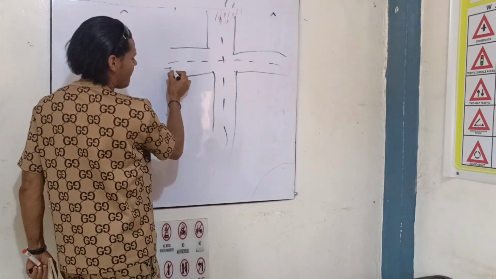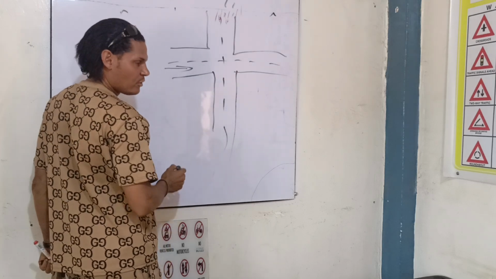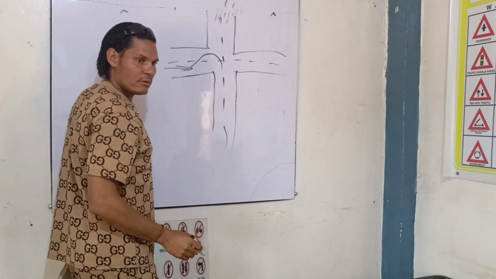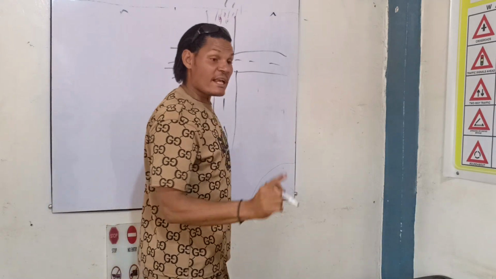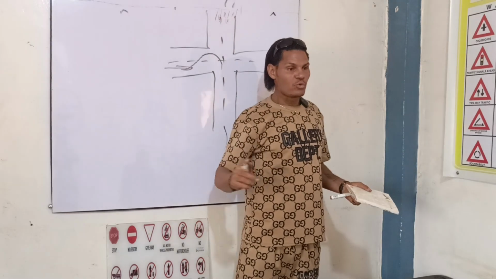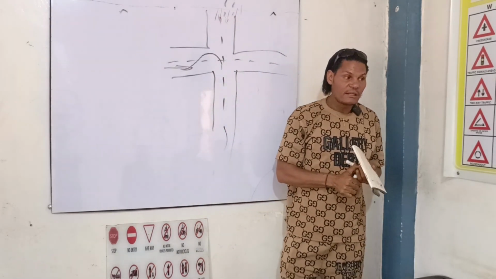If a lorry is coming from this direction and he intends to turn, what do lorries do? They go left before they go right. That's the only vehicle that is allowed to go in the opposite direction. And so many people get into trouble for not understanding that.